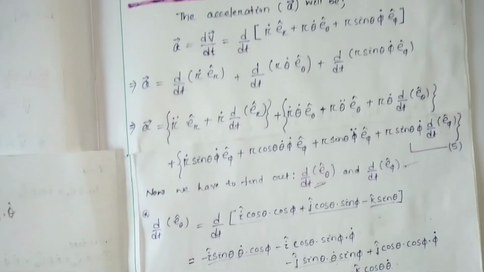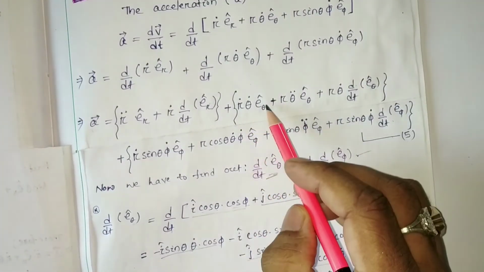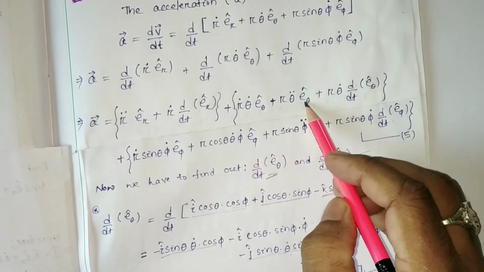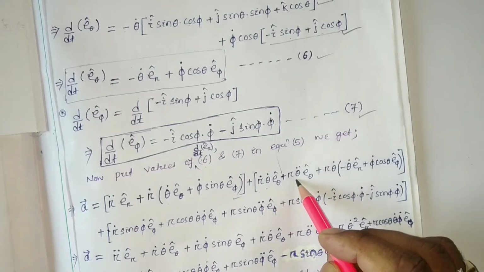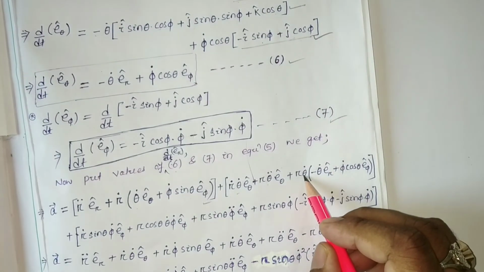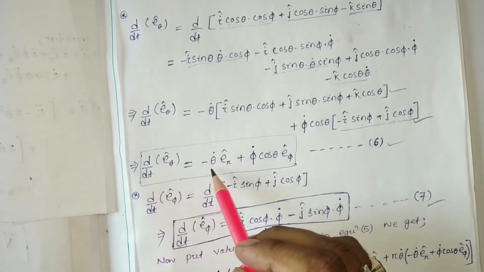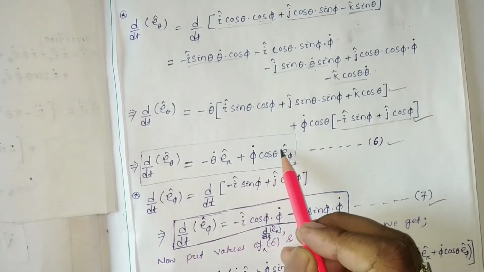Next, this term r dot theta dot e theta cap, and r double dot e theta cap, these two terms have been written over here. Then r d by dt of e theta cap, which is nothing but minus theta dot er cap plus phi dot cos theta e phi cap.